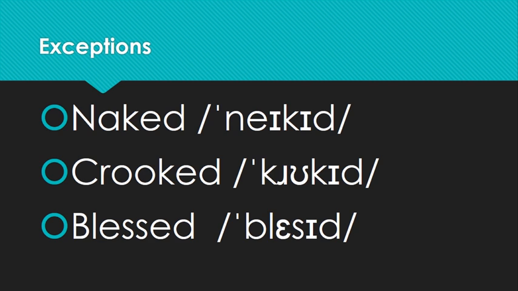Crooked, another common word, which is the opposite of straight, is not pronounced "crookt," but "crooked." And then lastly, blessed, or some people say "blest." But as an adjective, it can be "blessed" as well. Not as common. There are a few more that I haven't added here, but the exceptions are just that, exceptions, and not very common. So I wouldn't worry about them.